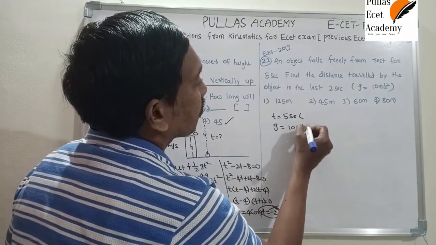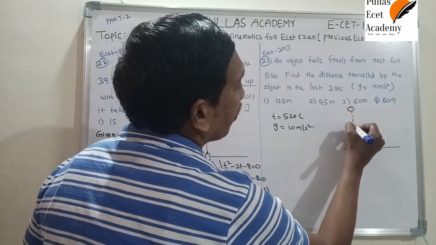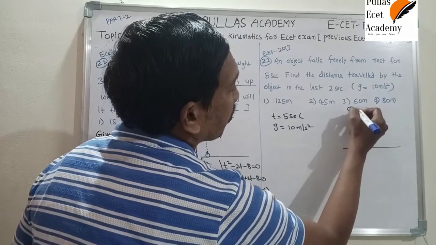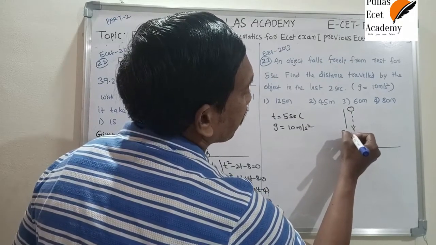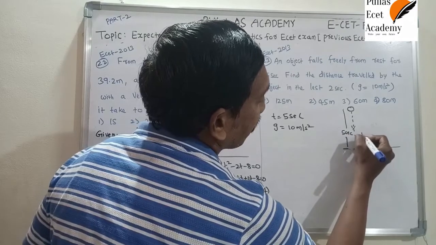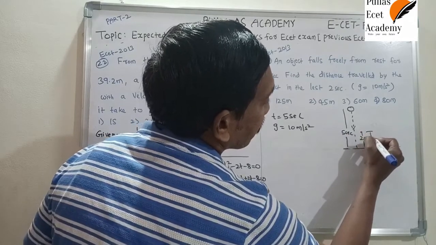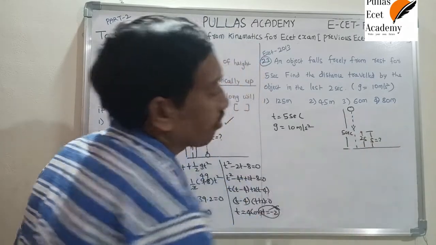Listen carefully. This is the ground, and this is the freely falling body. When you drop this body, it reaches the ground in 5 seconds. But suppose we consider the distance traveled in the last 2 seconds. This distance is what is asked, so consider it s.